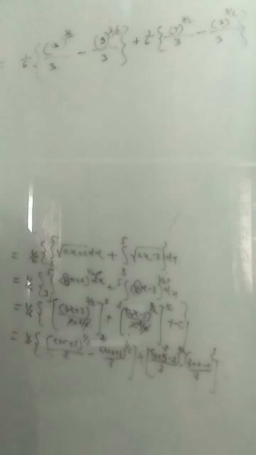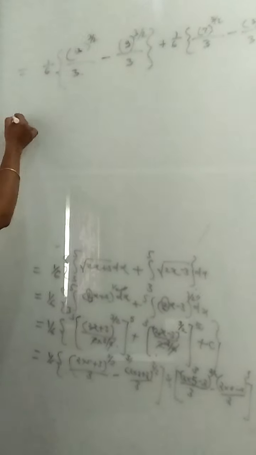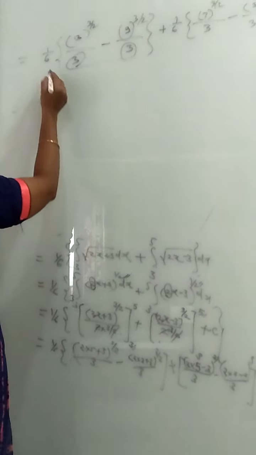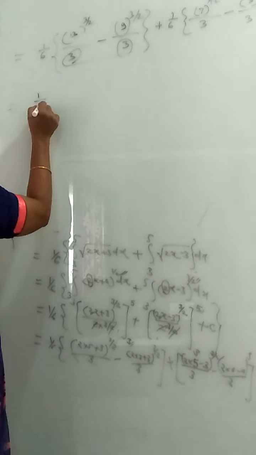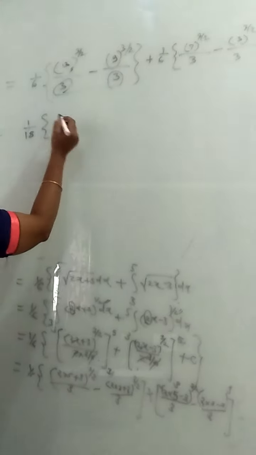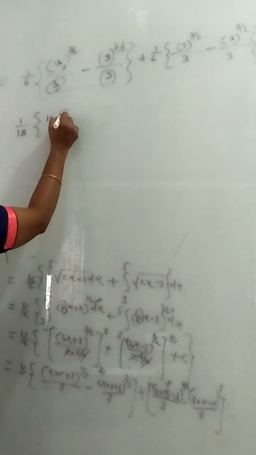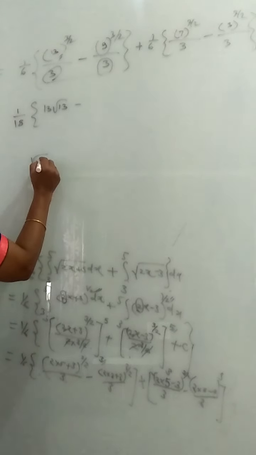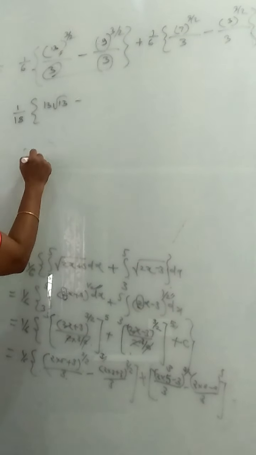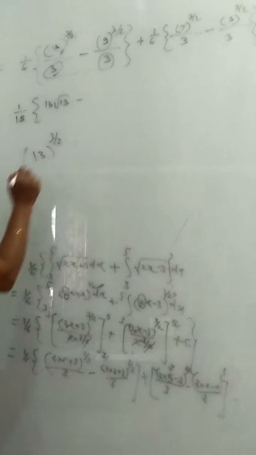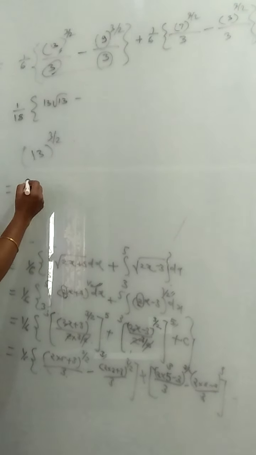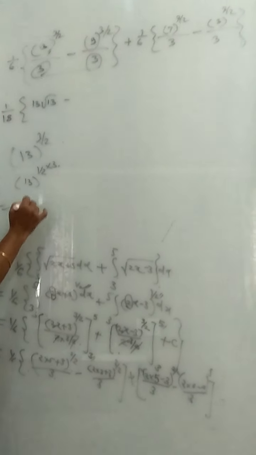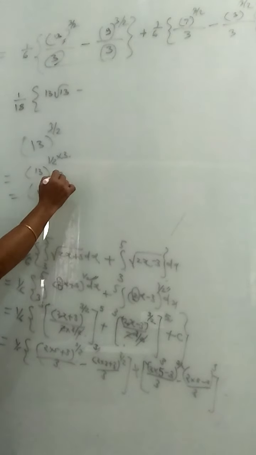Then simplify this term. In this term, 3 is common, so take it outside in a bracket. Therefore 6 into 3, 1 by 18 as it is. Now this term, 13 raised to 3 by 2, is equal to 13 raised to 1 by 2 into 3, that is root 13 raised to 3.